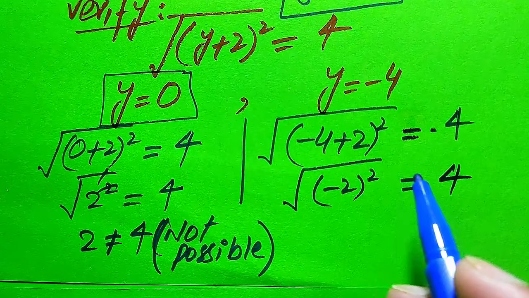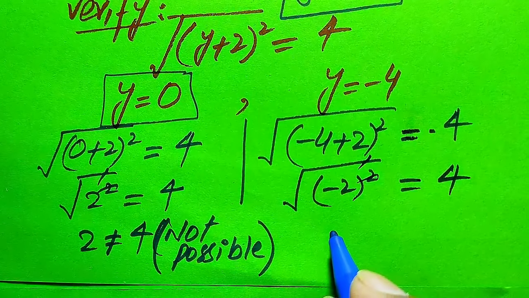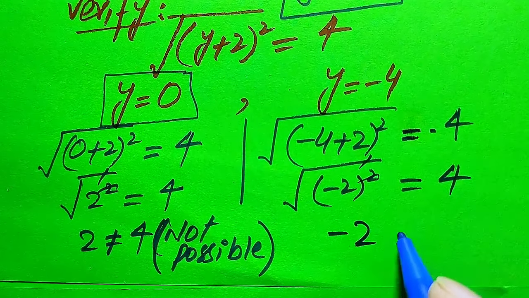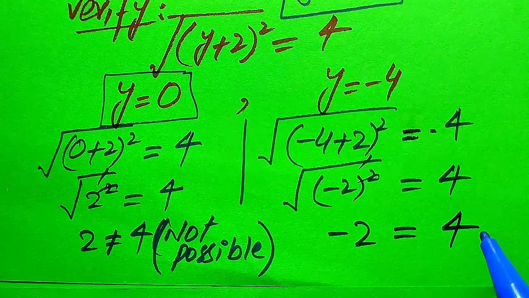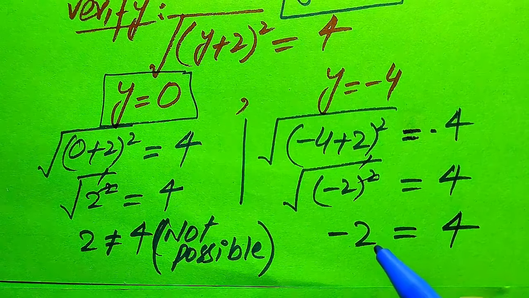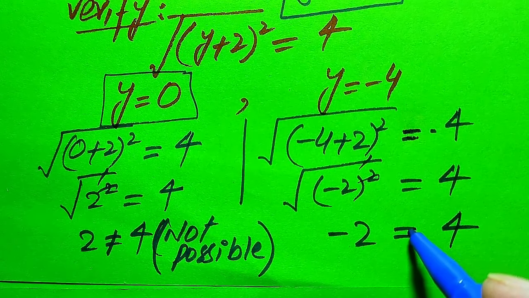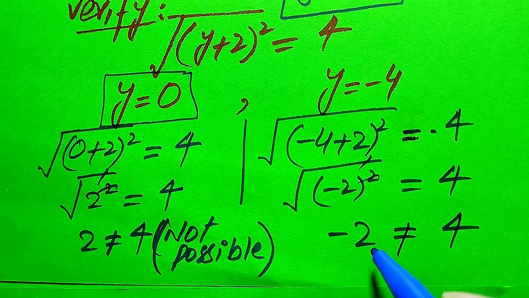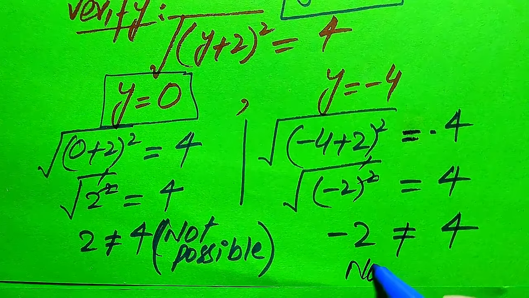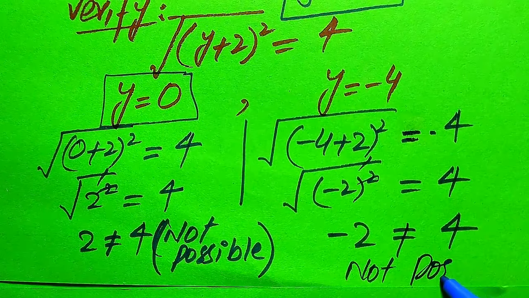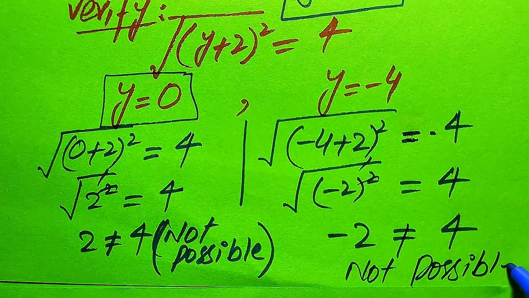And again you see that the square and this square root are gone and we get minus 2 equals 4. And here you clearly see that both sides are not equal, so this is not a possible case. Minus 2 equals 4 is not a possible case.